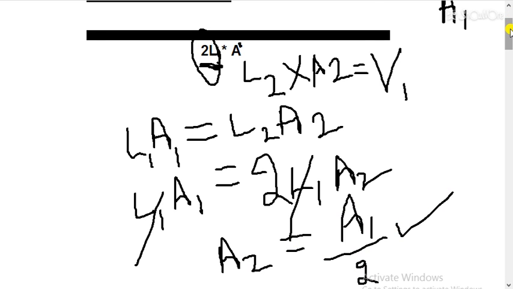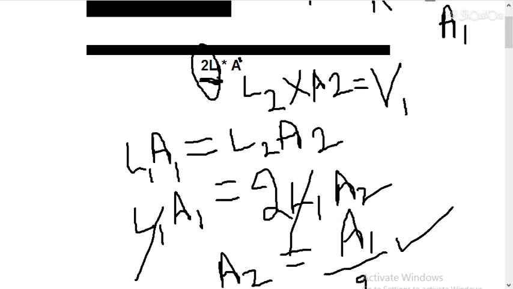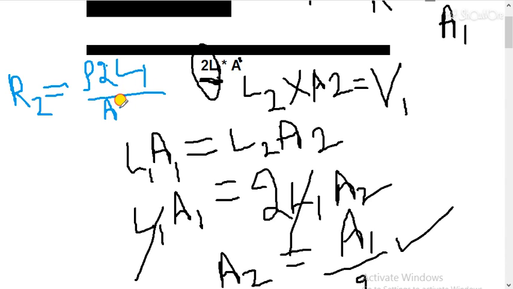But now we have to calculate its resistance. I am writing R2 for it. R2 equal to rho into, now length is L2, that is 2L1, by area A2, that is A1 by 2.